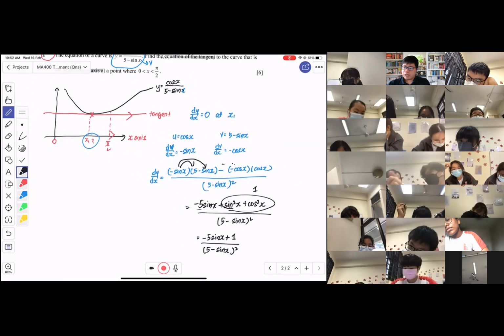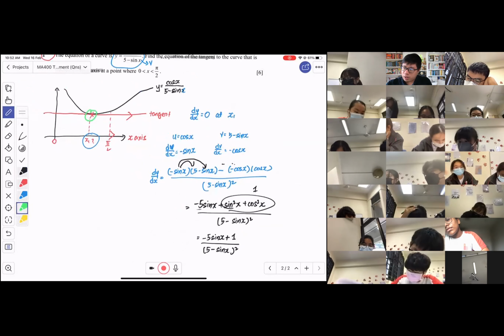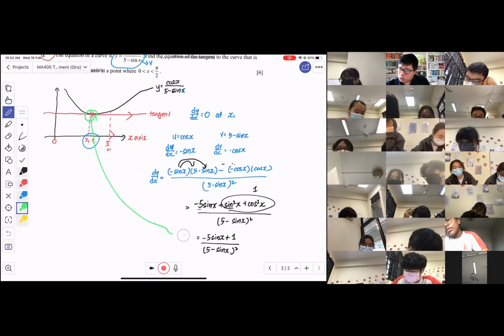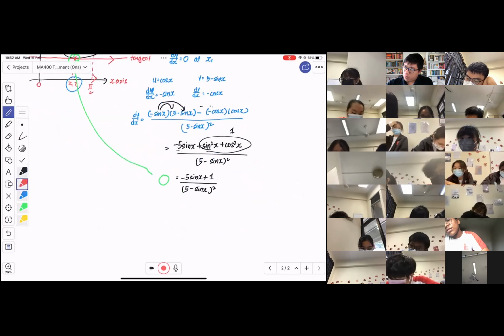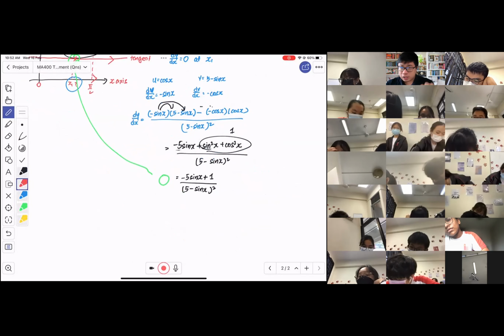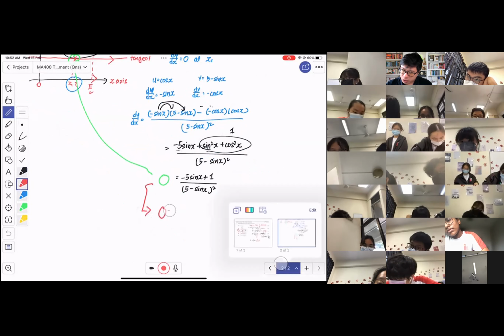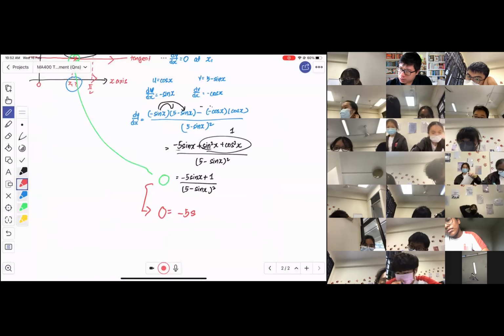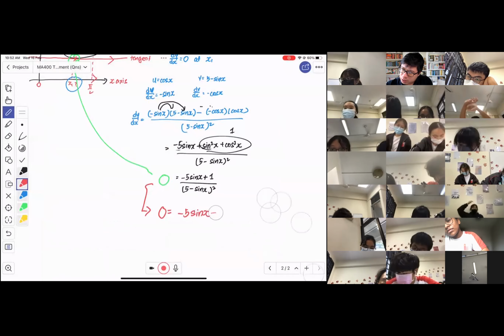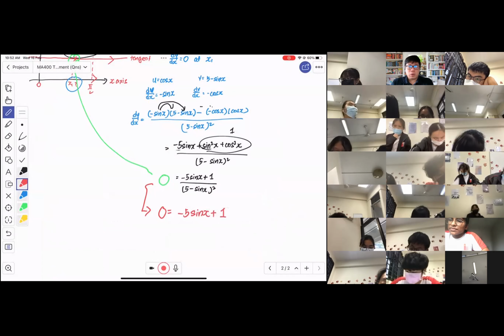So I know that at this particular point, your dy dx is equal to 0. So from here, if I want this to be 0, the denominator is useless. The denominator can never be 0. Straight away, the implication is that your minus 5 sine x plus 1 must be equals to 0.